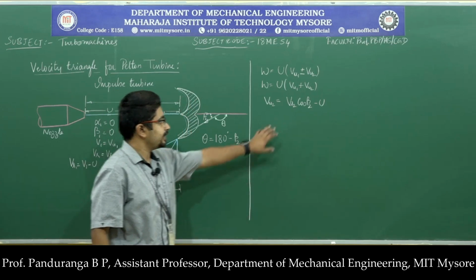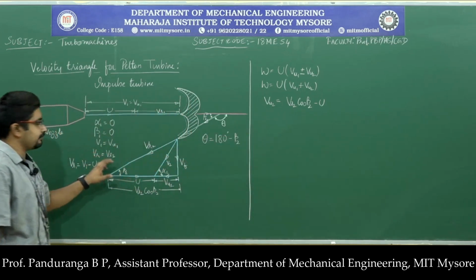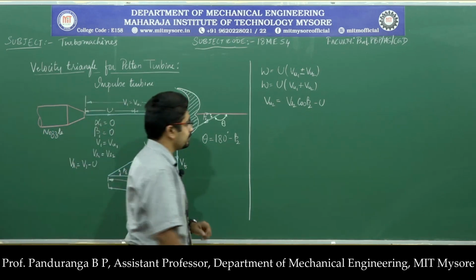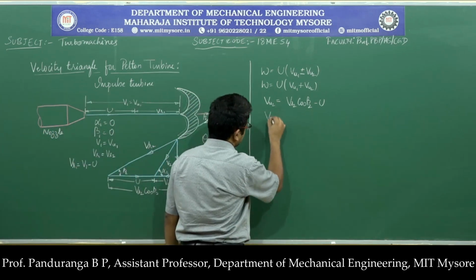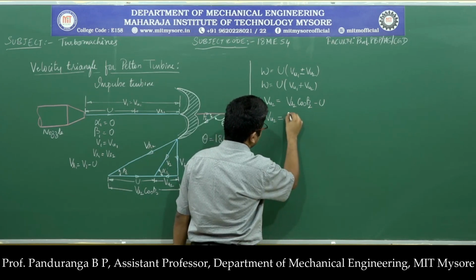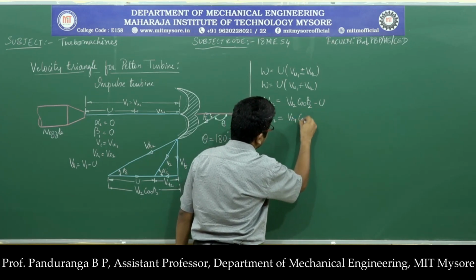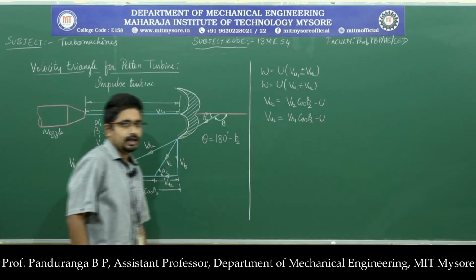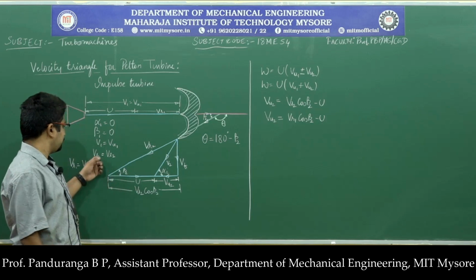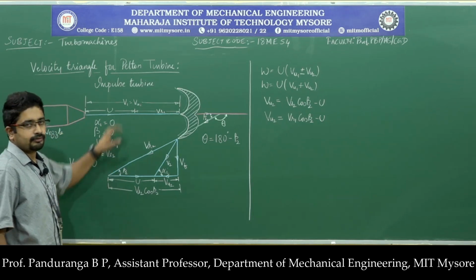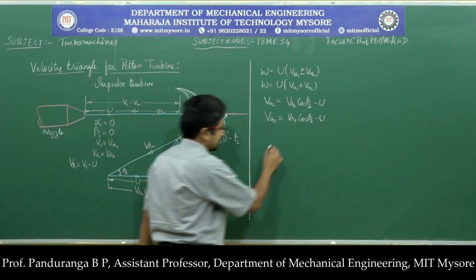And I know that VR2 is equal to VR1, because we are dealing with impulse turbines, and in the case of impulse turbine there will be no change in static component. So Vu2 will be equal to VR1 cos beta 2 minus U. Now I know that VR1 can be written as V1 minus U from the inlet triangle.